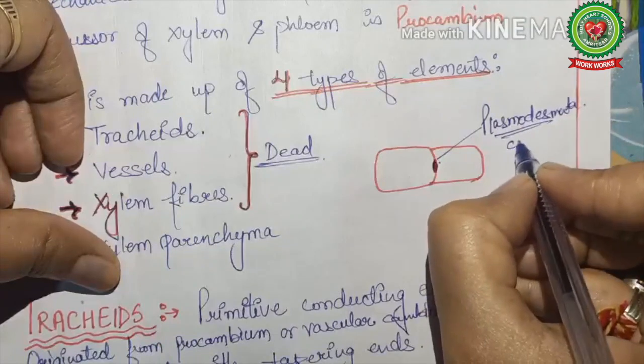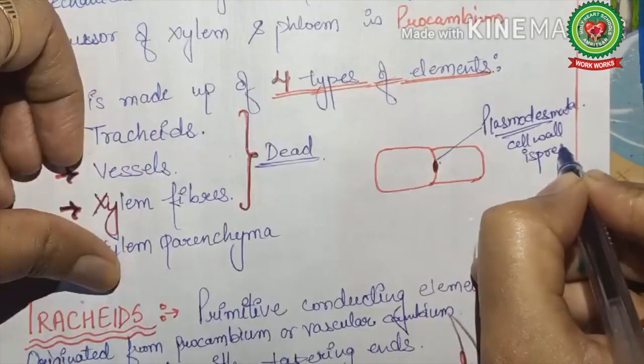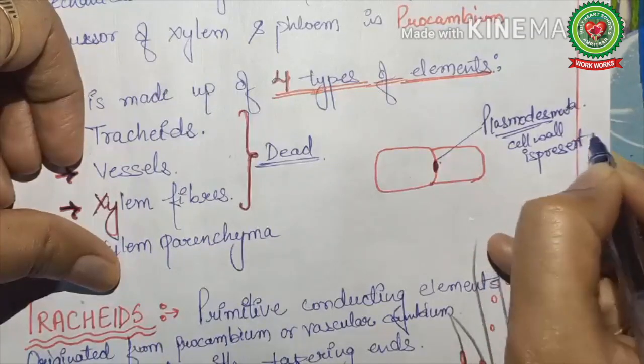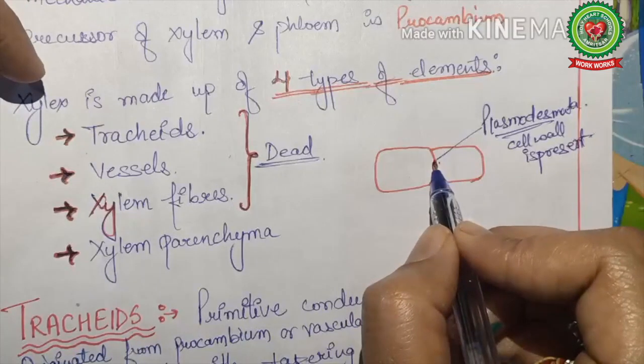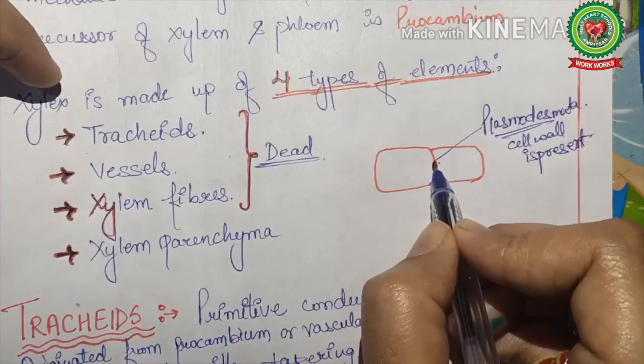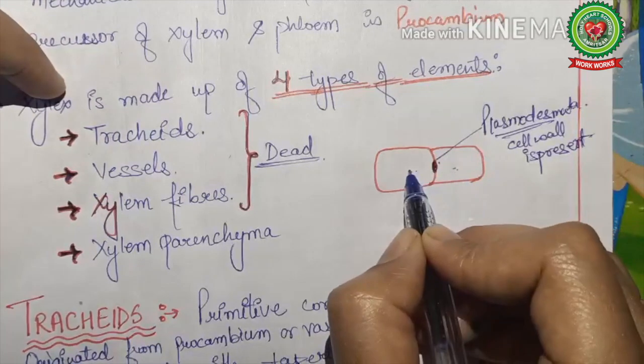Here only the cell wall is present, and the cell wall is freely permeable, meaning it allows exchange. As the cell wall is freely permeable, here only the primary cell wall is present. There is free exchange of material between these two cells.